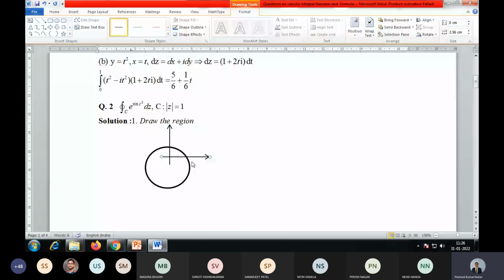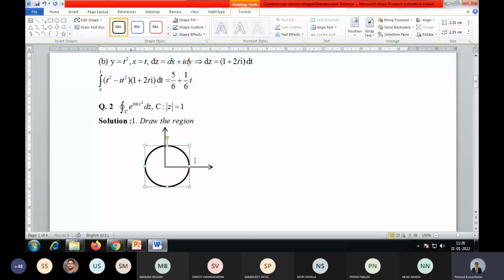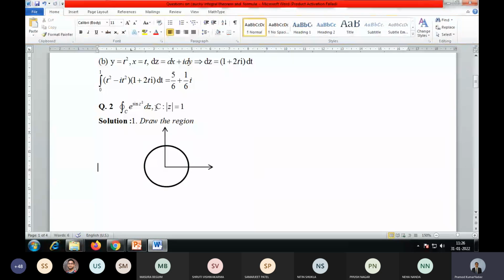Now the question just started, so please be careful. Try to understand a few questions, then you can answer the other questions immediately. So these are a few steps. What did we do? First, we draw the region. Region means C, the circle with center at origin and radius 1.